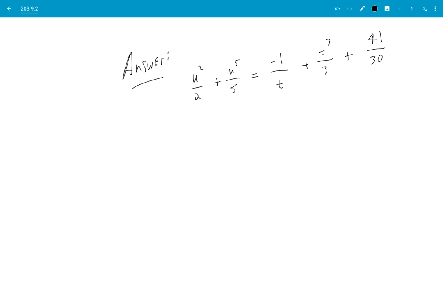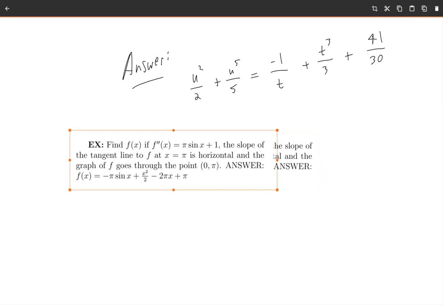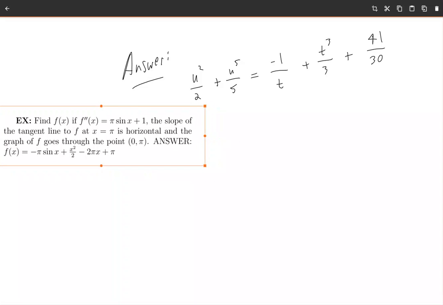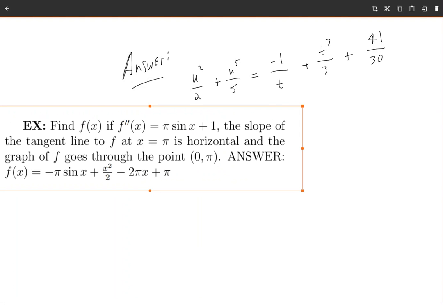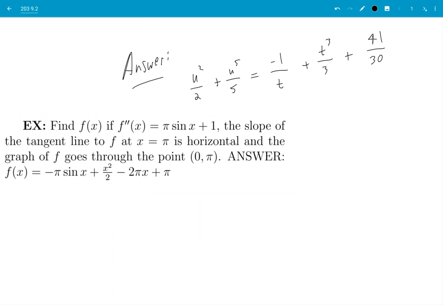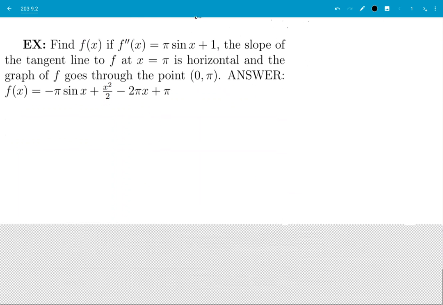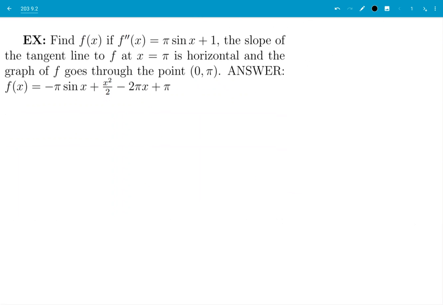Let's grab this from my notes here. Okay, I've even put the answer here. I'm going to go through this in detail. So pause and copy that.